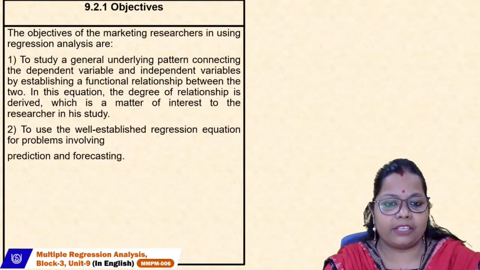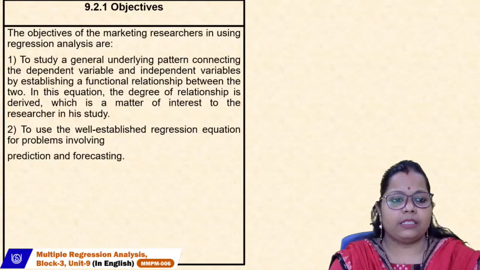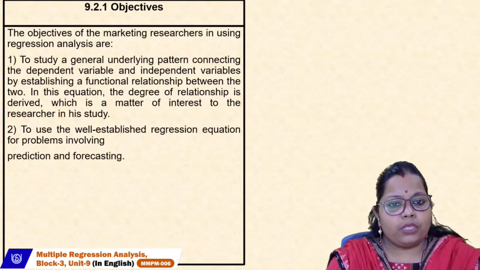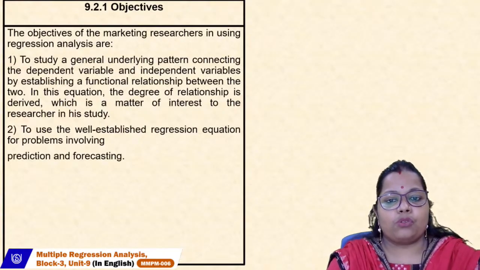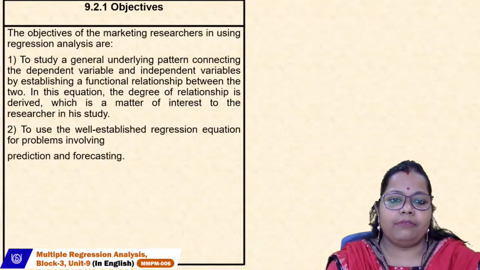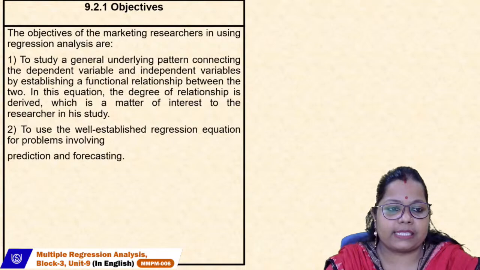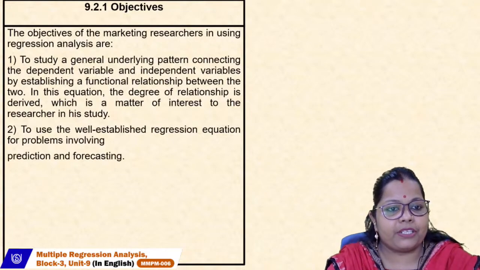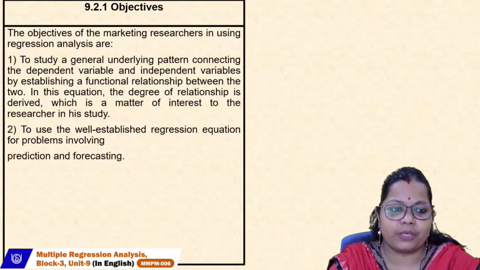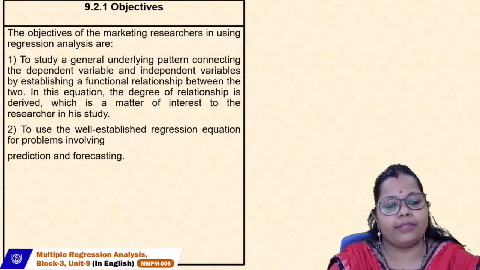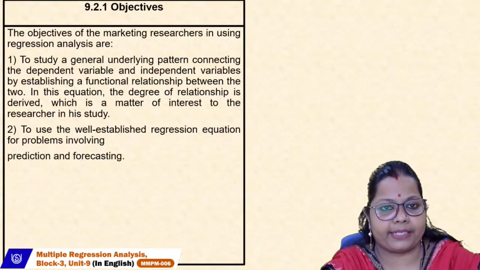So in multiple regression analysis also we should understand the pattern of connection which exists between independent and dependent variables. The second objective is to use the well established regression equation for problem solving, forecasting or predicting.